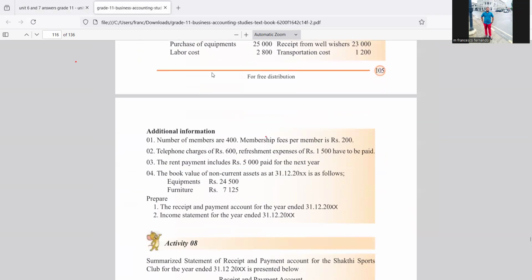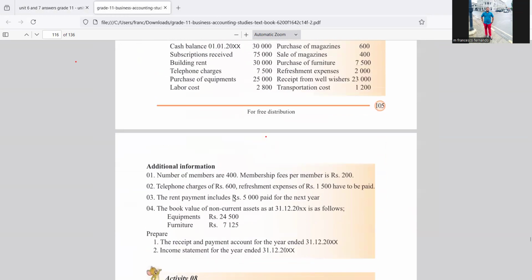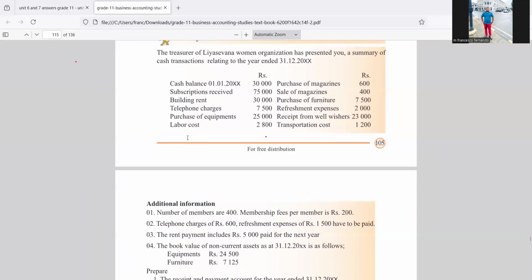The book value of non-current asset is 24,500 equipment, 7,125 furniture. So here, if you see in the details given, furniture is 7,000 at the beginning of the year, but at the end of the year, it has become 7,125. So the difference between that two is the depreciation. Similarly for the equipment. So equipment at the beginning of the year, it is, as per the question, 25,000. End of the year, it has become 24,500.